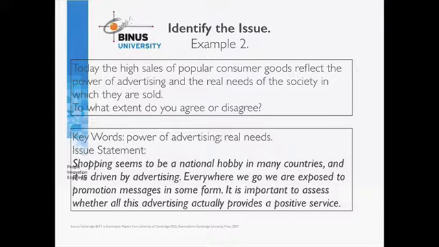Everywhere we go, we are exposed to promotion messages in some form. It is important to assess whether all this advertising actually produces a positive service. So that is possible. Again, there are many ways to describe the issue, but as long as you are staying close to the idea given in the question, then that's what you need to do.